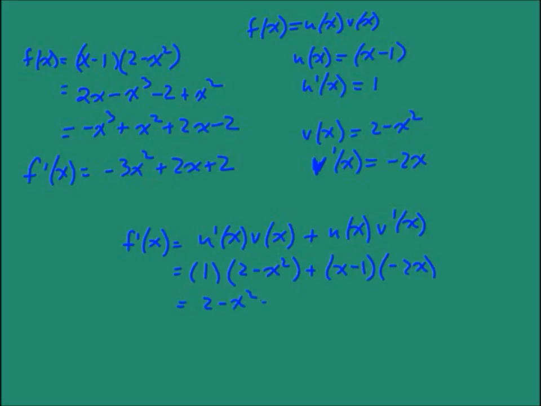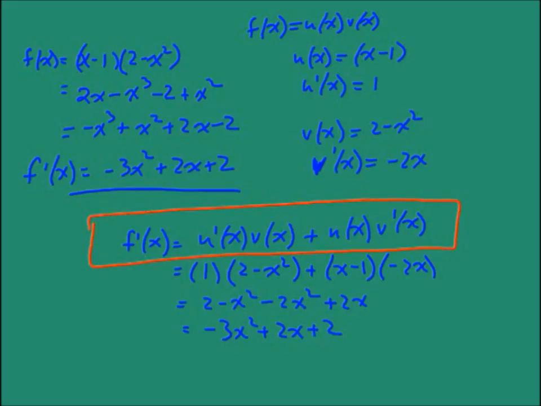Minus 2x squared plus 2x, and subtract 3x squared plus 2x plus 2, same as this answer up here. So you've guessed it. This is the product rule. Right here. That is the product rule.